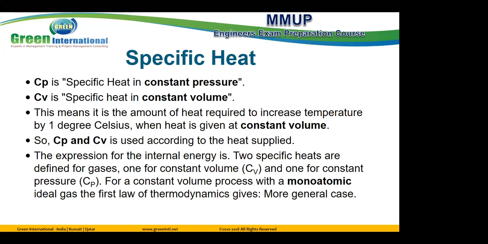Like a liquid, incompressible: if you apply pressure, the volume is the same, not changed. But Cp and Cv are related for gases, because I can use it at constant volume and I can use it at constant pressure.